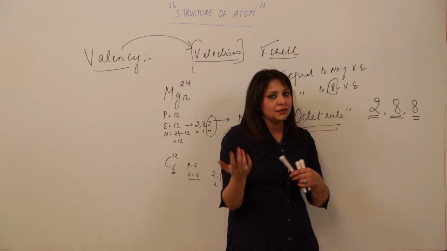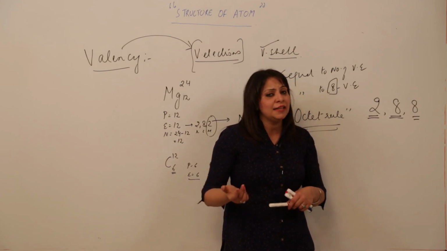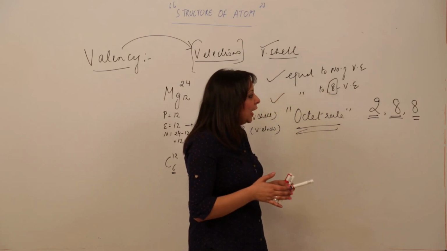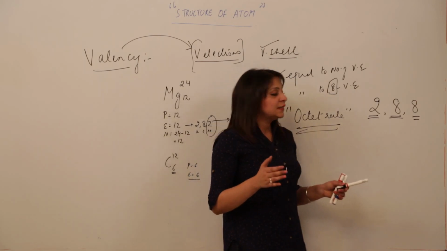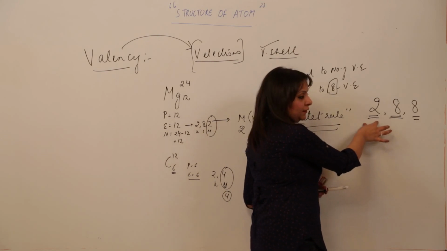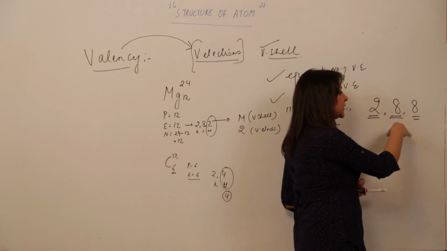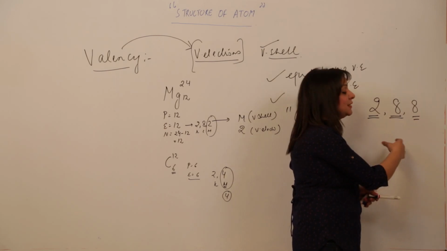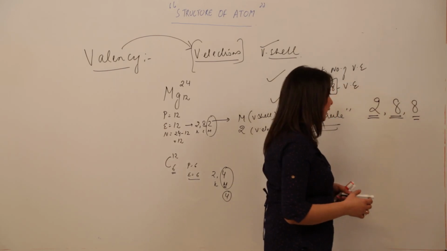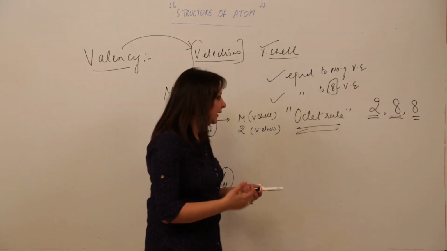We will do it in the next standard. But for now, just remember that when 2 electrons are filled in the first shell, start filling the second shell. When it is filled with 8 electrons, start filling the next shell. What is the reason? We will do it in the next standard. I will try to make it easy.